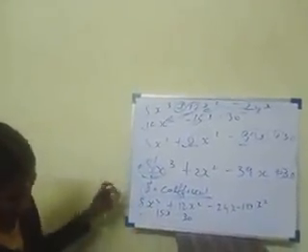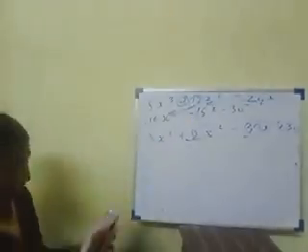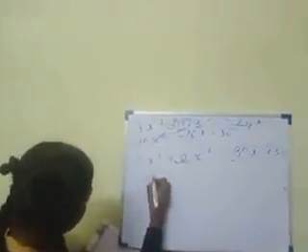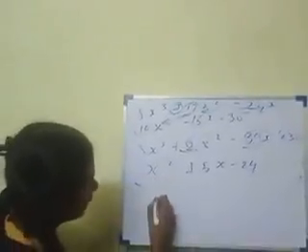I will give another example here. 1x² plus 5x minus 24. To find the coefficient here, take x².